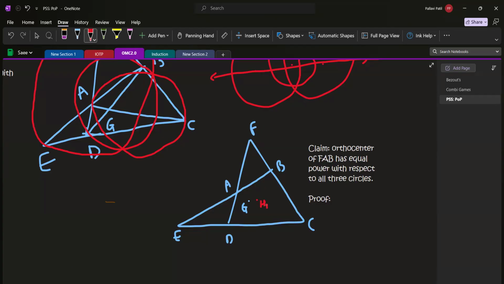Now, what is the power of H1 with respect to, let's say, the circle with diameter BD? Or the circle with diameter AC? Hmm.